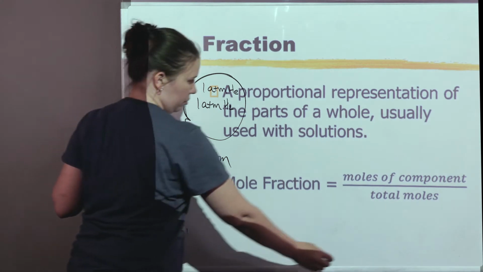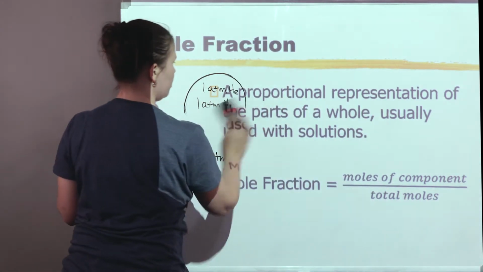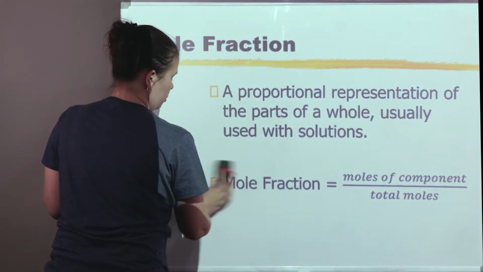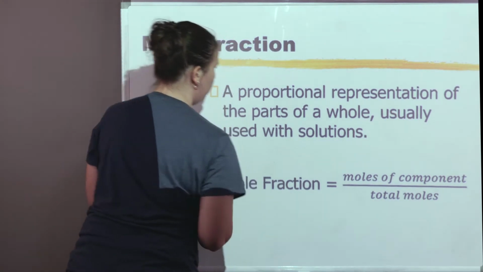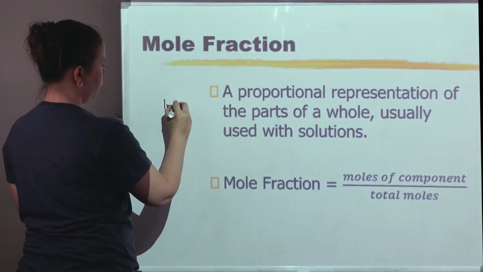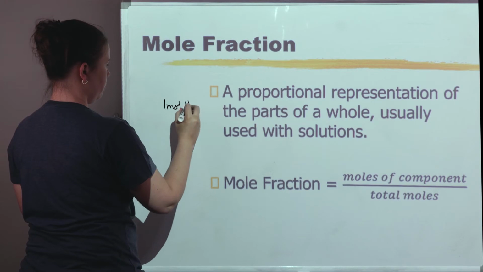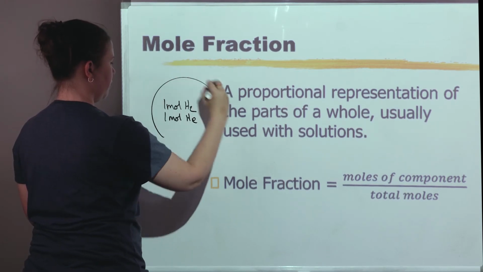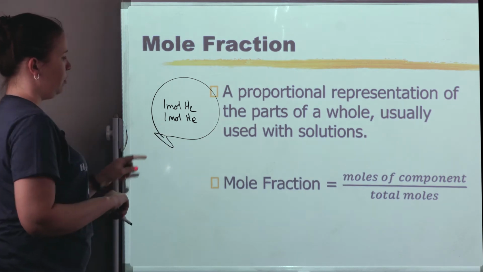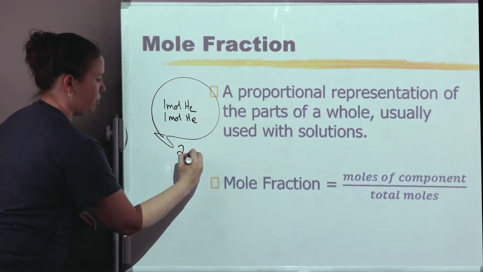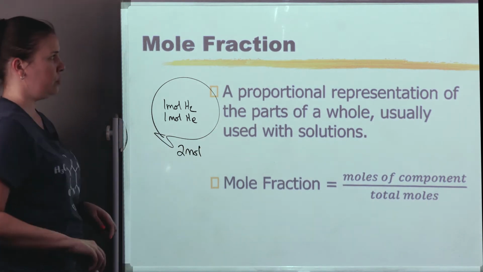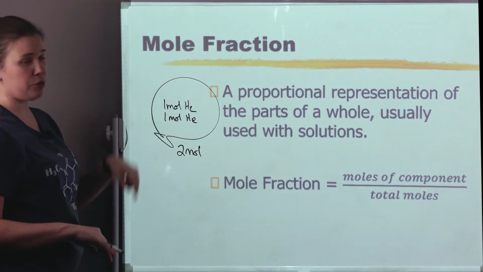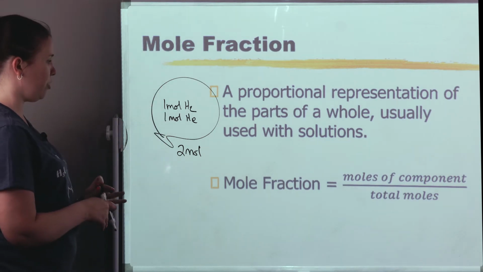We can get the same concept if we look at just the moles. So if I have 1 mole of hydrogen gas and 1 mole of helium gas in that balloon, then I would have a total of 2 moles. So the idea of using moles instead of partial pressures is called a mole fraction.